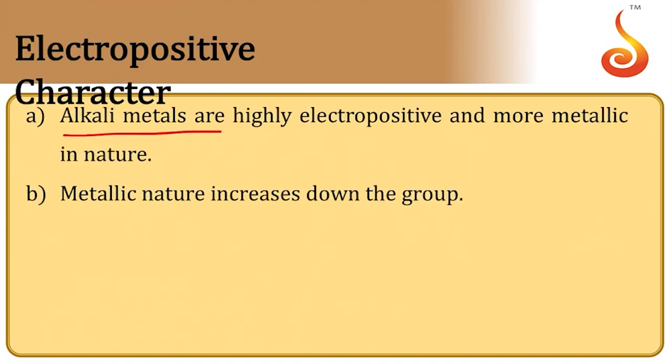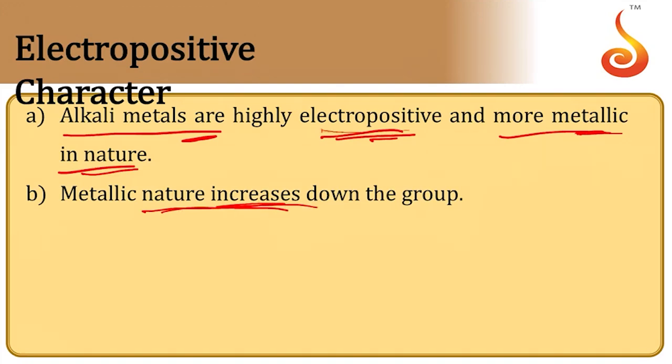When it comes to electropositive character, alkali metals are highly electropositive in nature because of larger size, and metallic property depends upon electropositivity. Since they have more electropositive character, they are more metallic in nature. So alkali metals are highly electropositive and highly metallic in nature. And metallic nature is increasing down the group.